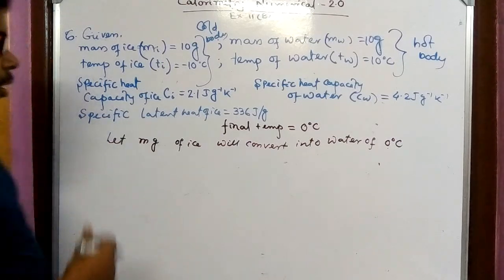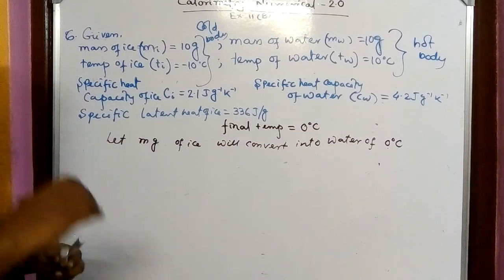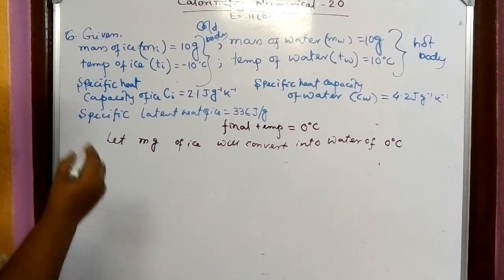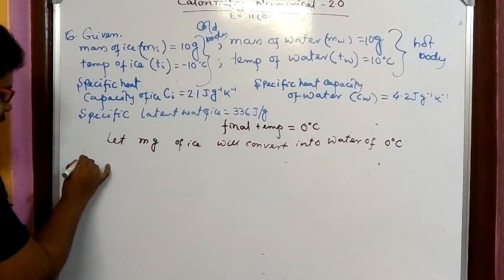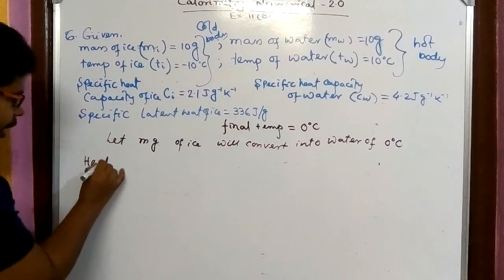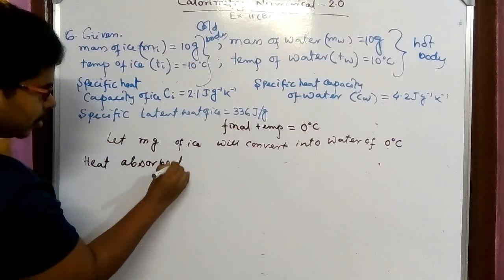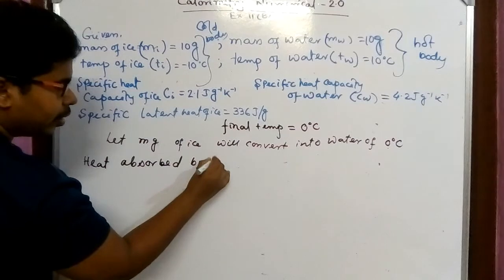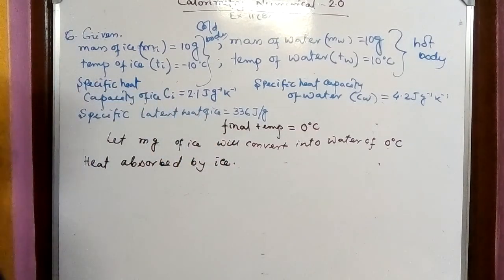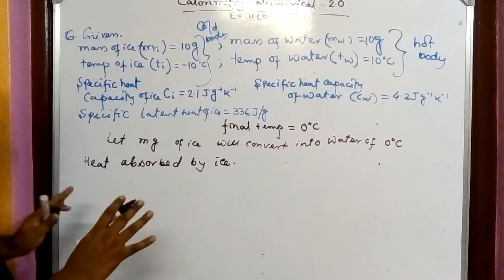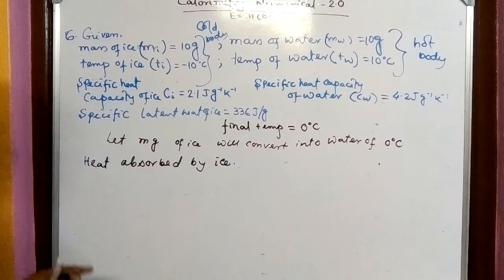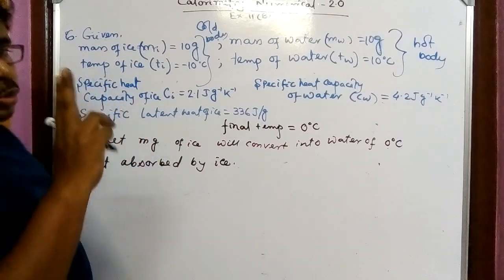Okay. Now we have to come to the principle of calorimetry. Before that, we have to find out the heat absorbed by ice. So for the heat absorbed by ice, we have to see two phases.